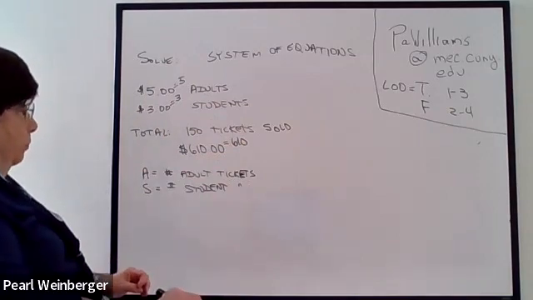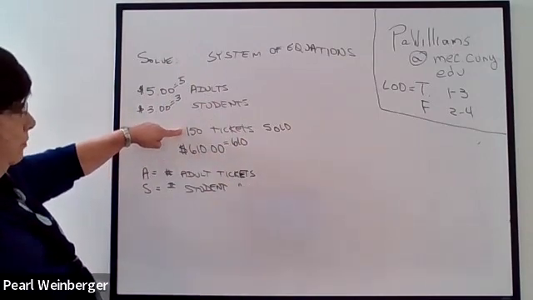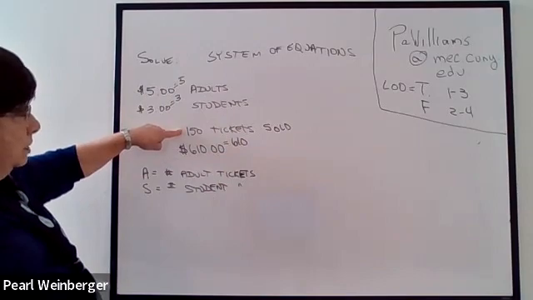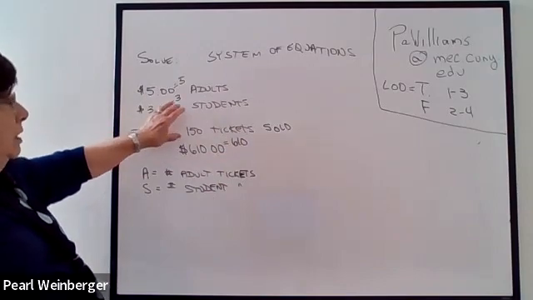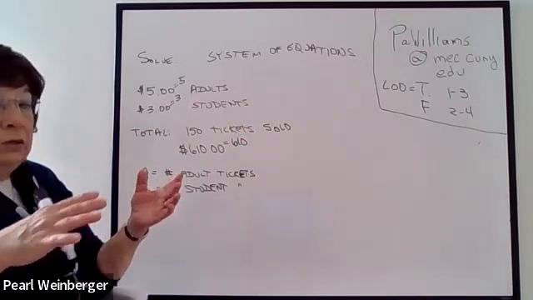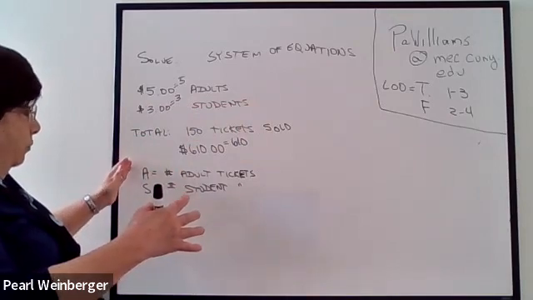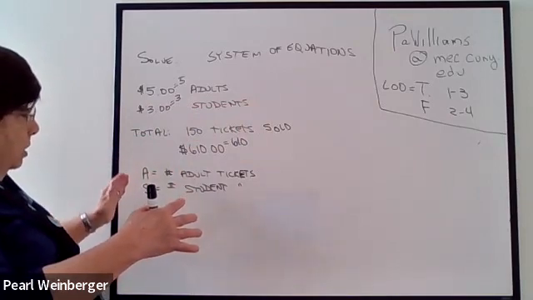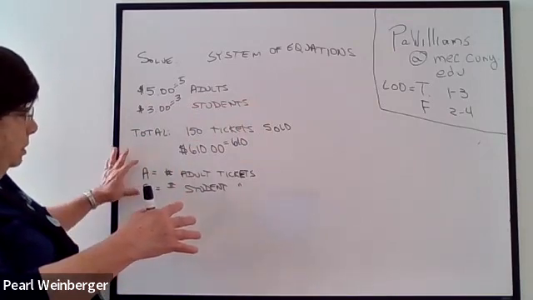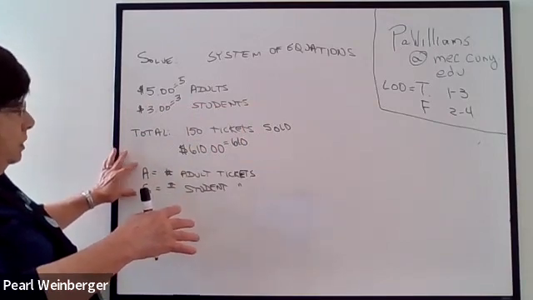What do we know? Well, the first thing we know is that a total of 150 tickets were sold. Now, that has nothing to do with how much the price of the ticket was. It's just how many were sold. And since A stands for the number of adult tickets sold, and S for the student tickets sold, together is the total number of tickets sold.